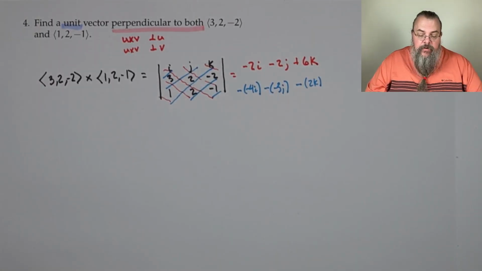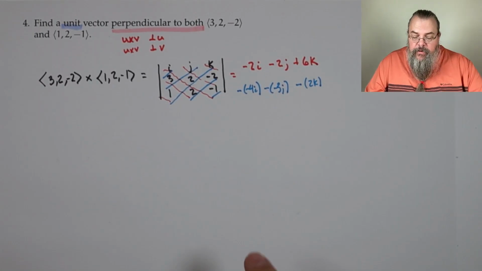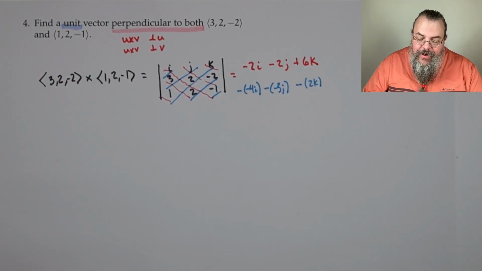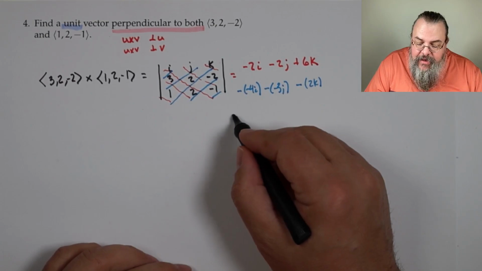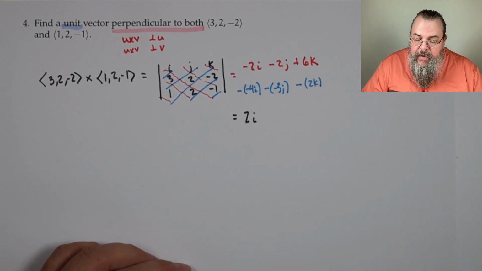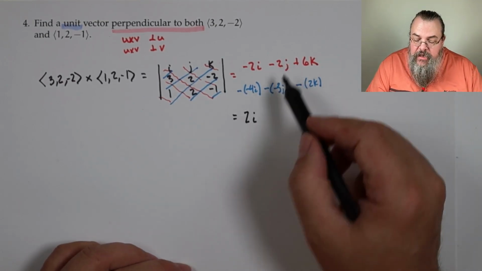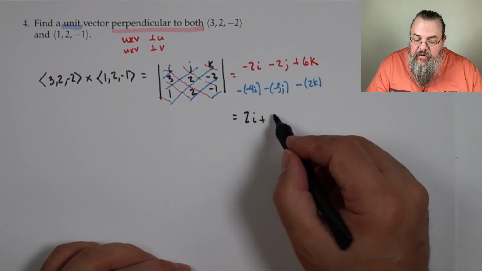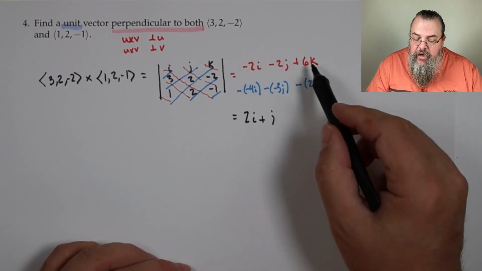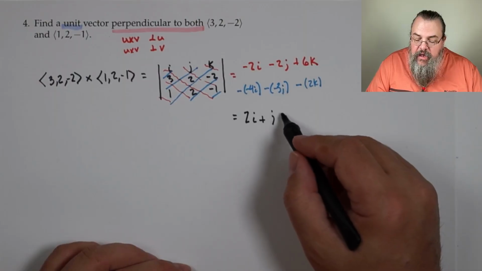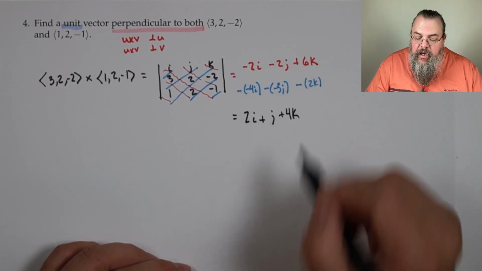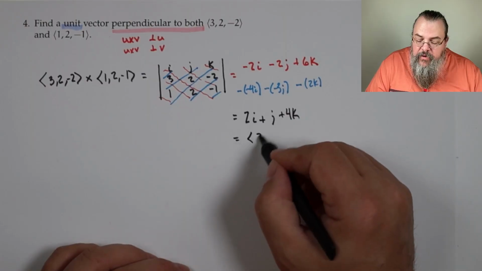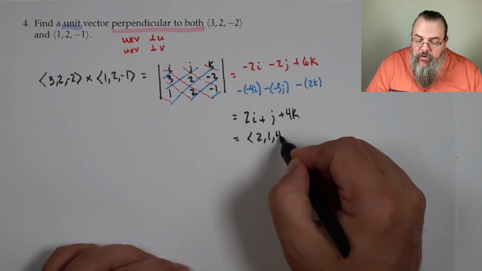All right, so we put all these together. What do we have? Well, we have minus 2I, minus minus 4, so that's really plus 4, so that gives a total of 2I. Minus 2J, minus minus makes plus, and so that'll be plus J, and 6K minus 2K is plus 4K, or in component notation 2, 1, 4.